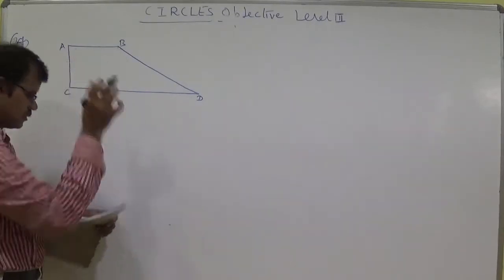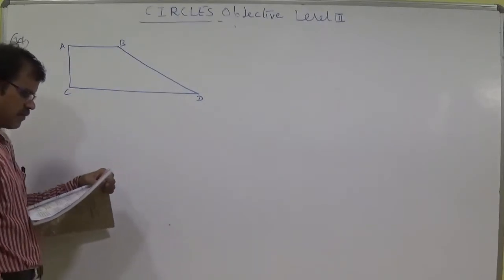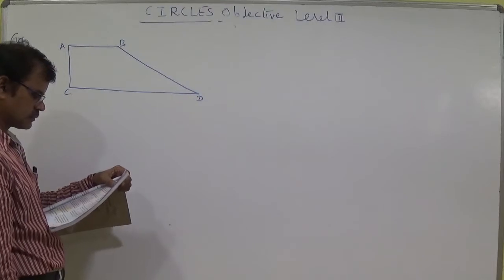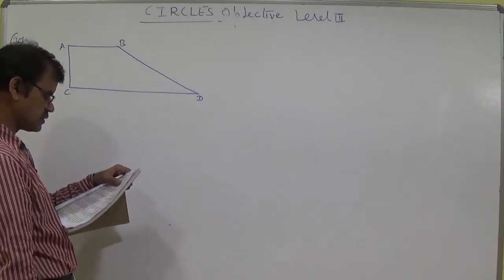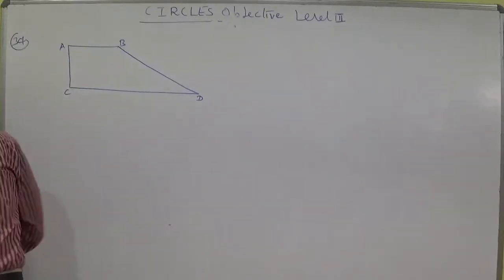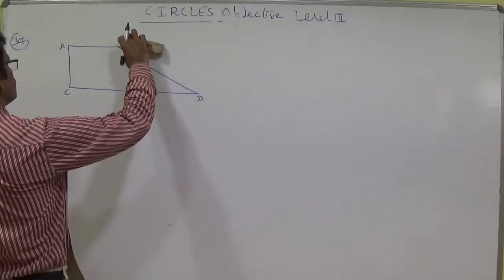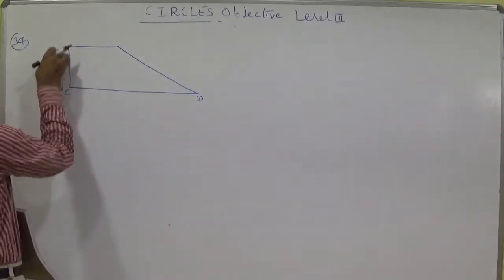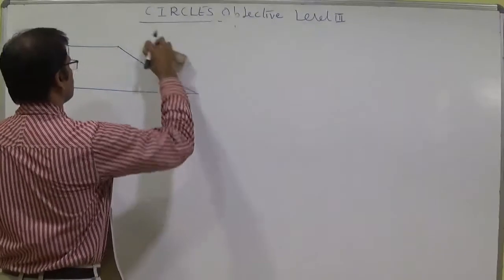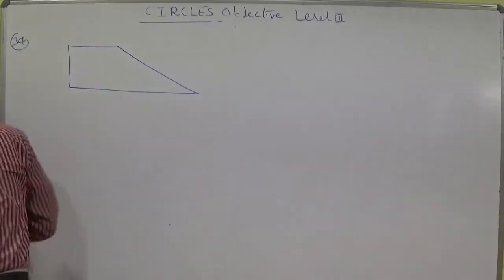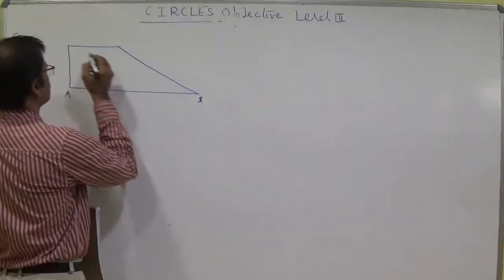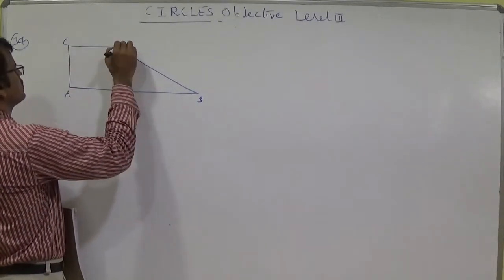This side is parallel to CD. AB is equal to 2CD. So this is AB and this is CD. This is A and this is B. This is C, this is D.